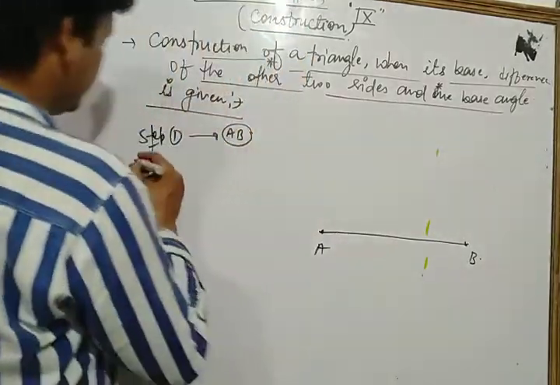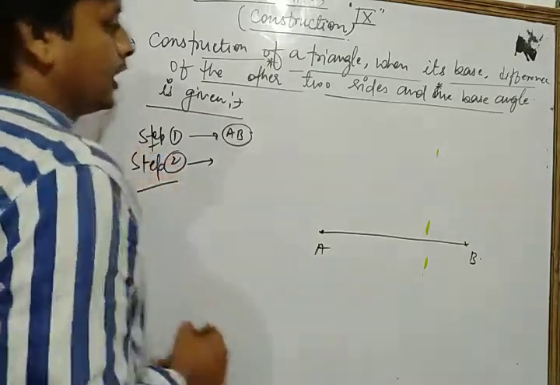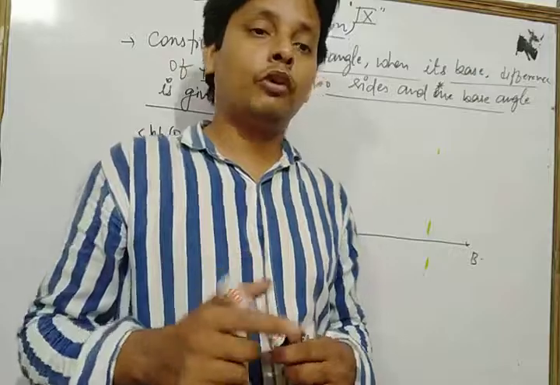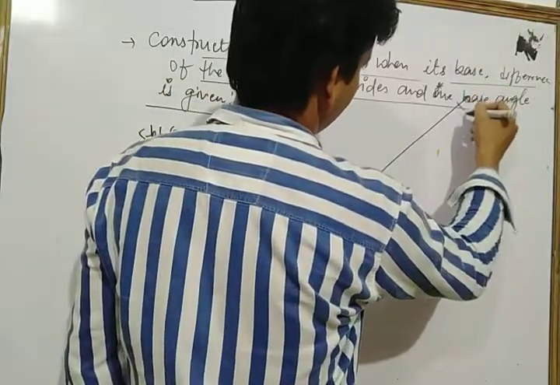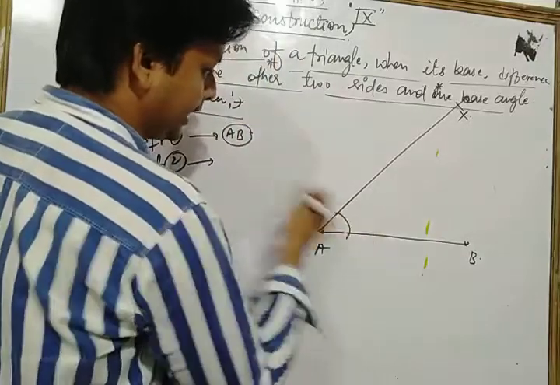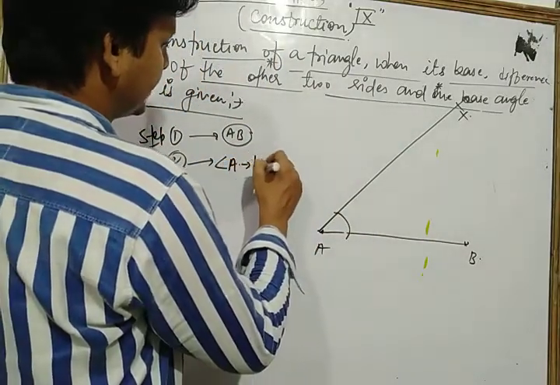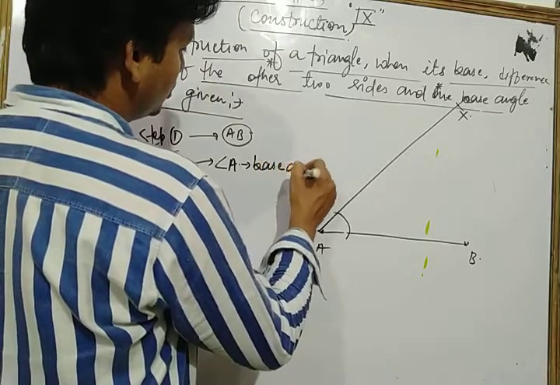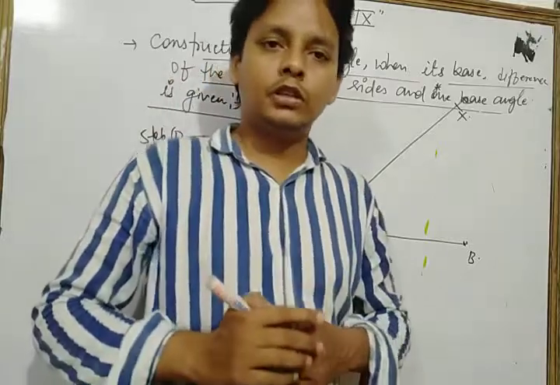Now in the second step, we draw an angle BAX. Suppose AX is a ray and we construct the angle BAX, that is angle A. This is your one base angle which is given in our question.